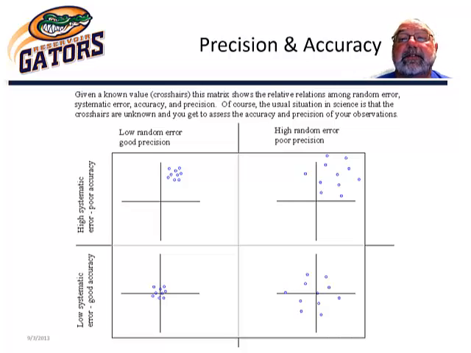On the lower right-hand side, that's a series of data that is not very precise, but the accuracy is good. That shows that our measuring tools were not as precise as they could have been. They didn't have as fine of a measurement as we could. In other words, instead of using a ruler that was divided into meters, maybe we should have used a ruler that was divided into millimeters. We would have had more repeatable results.